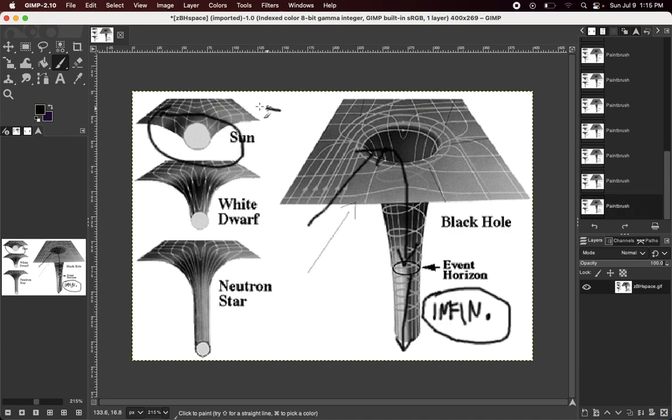it's curving space inward, but we don't see it as a hole. Now there's something there, but it's still a hole. And see how the white dwarf is deeper and the neutron star is even deeper? Well, the hole keeps going, even if there's something there within the hole, an energetic reality there.